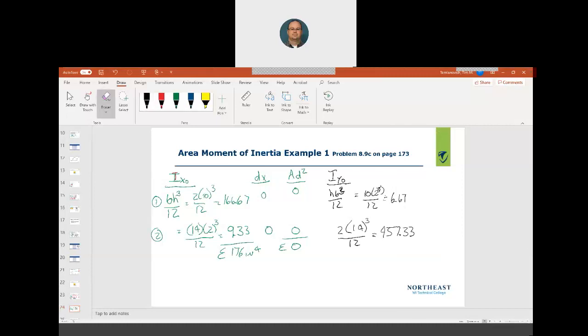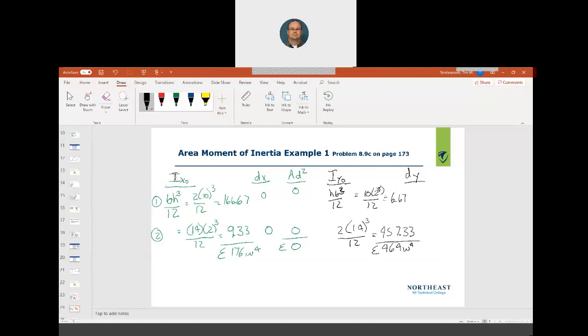All right, I'm going to add these up. 6.67 plus 457.33 is 464 inches to the fourth. So that is the summation of the individual component moments of inertia. Now we want to find that y distance, dy.